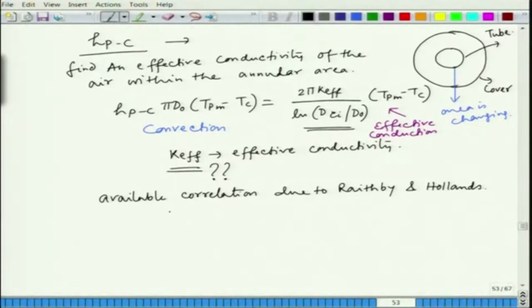Okay. And if you are interested to look at the reference paper, please look at the textbook that we are using, which is by Sukhatme and Nayak. Okay. So, this effective conductivity divided by the actual conductivity of the enclosed air is obtained by this correlation.